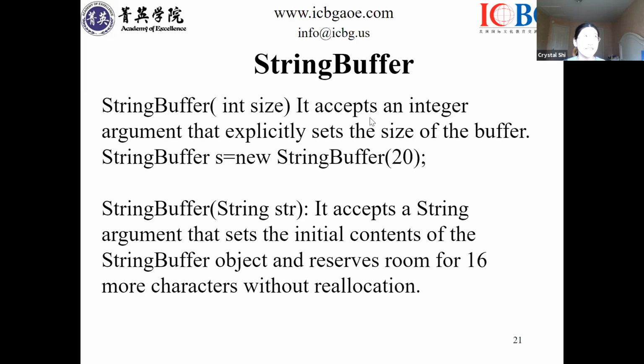So if you pass in StringBuffer hello, hello has 5 characters, so it would create a box that can store 5 plus 16, or 21 characters, and then it puts the 5 characters in that box. So now you have a box with hello in it and also space for 16 more characters other than your initial hello. Does that make sense?